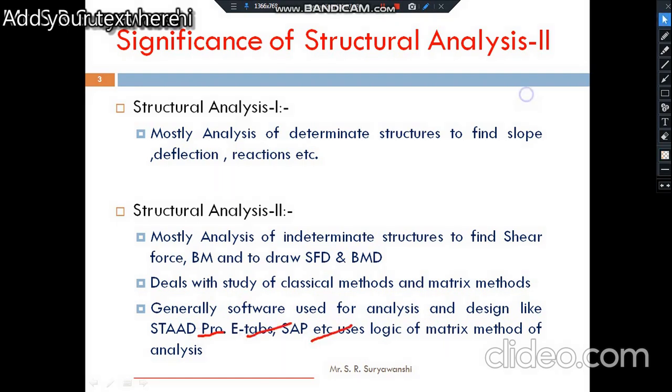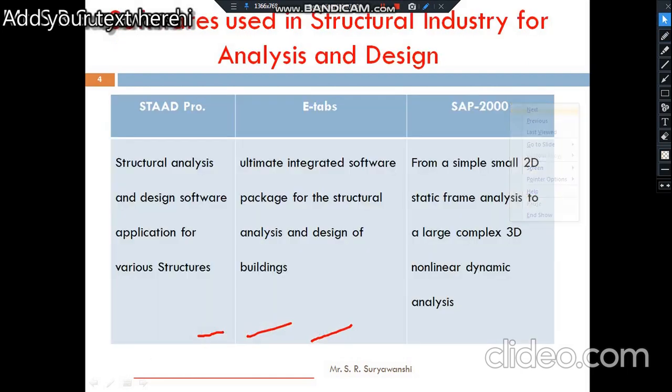Now we will discuss something about the software. These are the three software that we use for analysis and design.